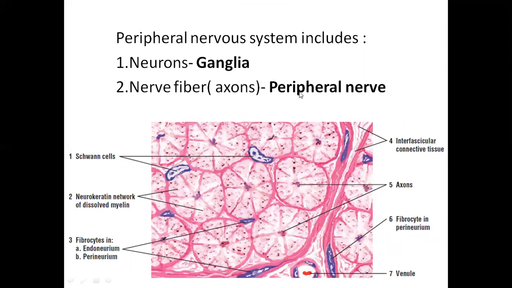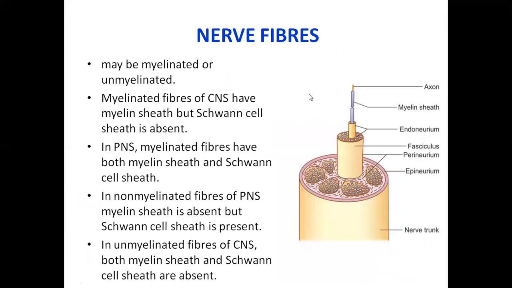Now in the peripheral nervous system, we are going to elaborate on two things: one is ganglia and the other is the peripheral nerve. In our lab, we are going to see the optic nerve as one of the examples. A nerve fiber may be myelinated or unmyelinated. Myelinated fibers of the CNS have a myelin sheath, but the Schwann cell sheath is absent. In the PNS, myelinated fibers have both the myelin sheath and the Schwann cell sheath.